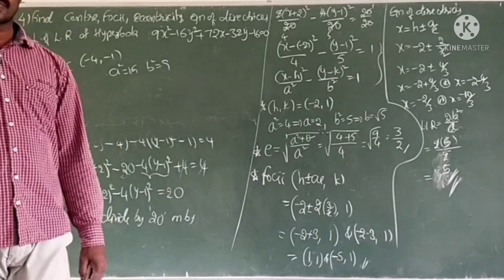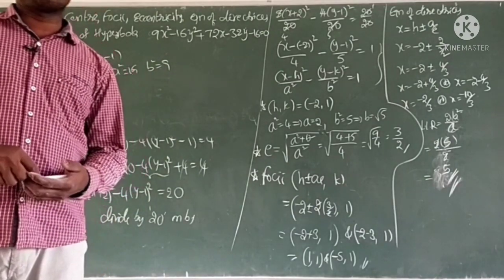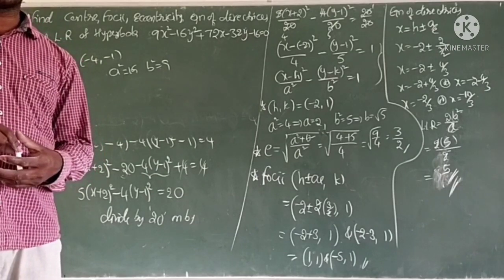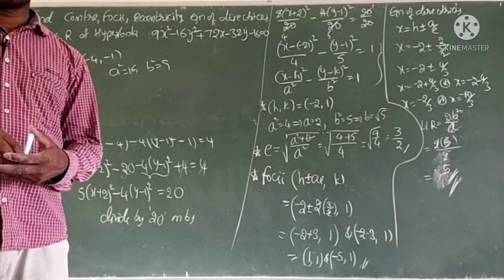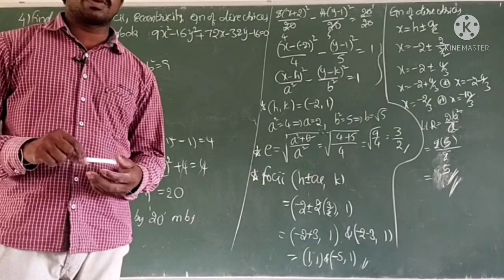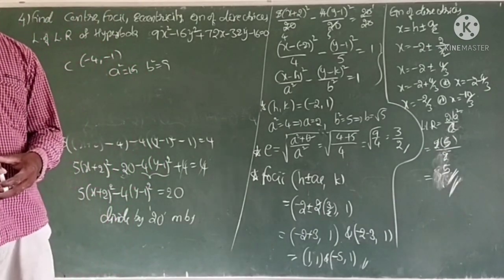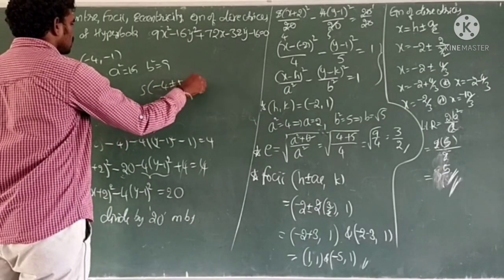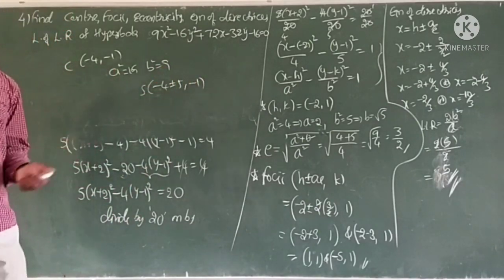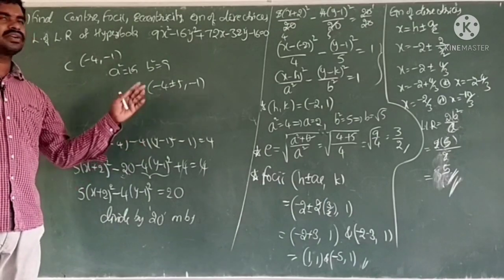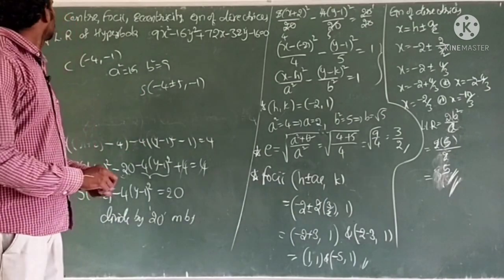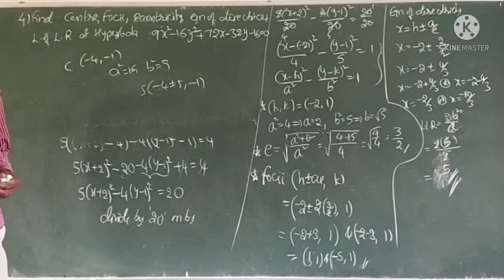Next, I'm just telling you the length of latus rectum will be 9 by 2, and foci are (minus 4 plus or minus 5, minus 1). You do it in the textbook also, the question is available. You do it properly and we can verify the answers with the textbook. Next, fifth question.